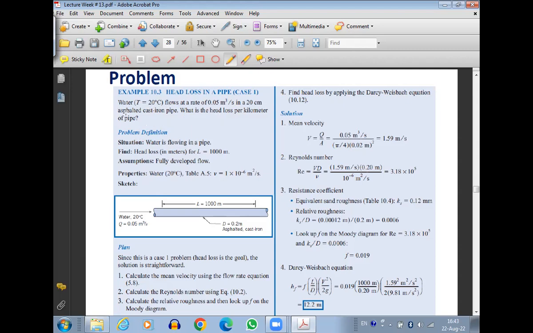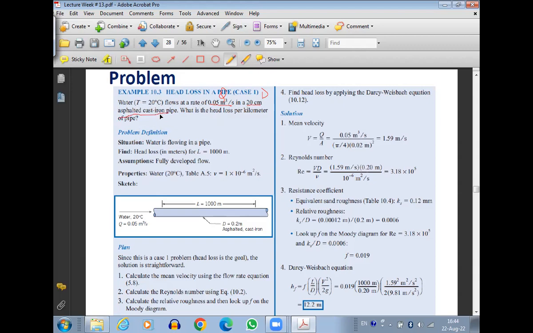So we have a situation here that water is flowing through a pipe and the flow rate Q is 0.05 meter cube per second in a 20 centimeter, so that will be the diameter, asphalted cast iron pipe. It's mentioned it is an asphalted cast iron pipe. Why?